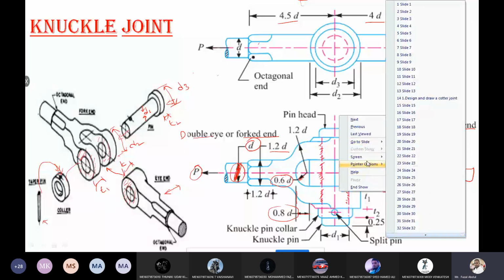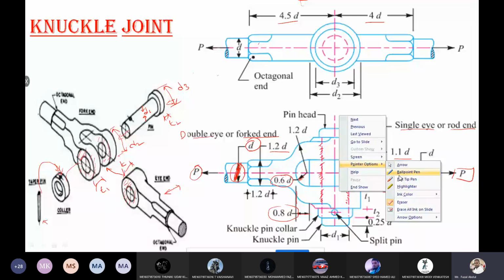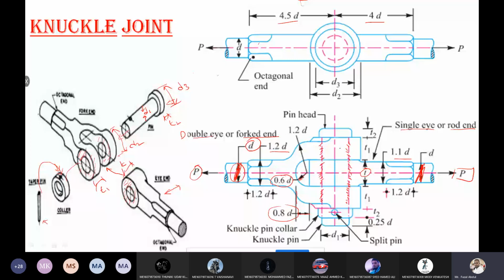Now see here, the load is applied in a tensile manner. Because of the application of load, the top portion of the pin is going to pull in this direction, the bottom portion of the pin is going to pull in this direction, and the middle portion of the pin is going to pull in this manner.